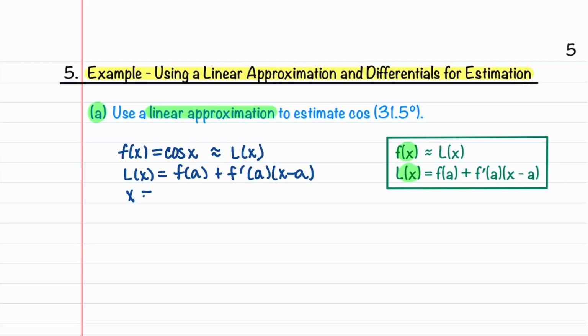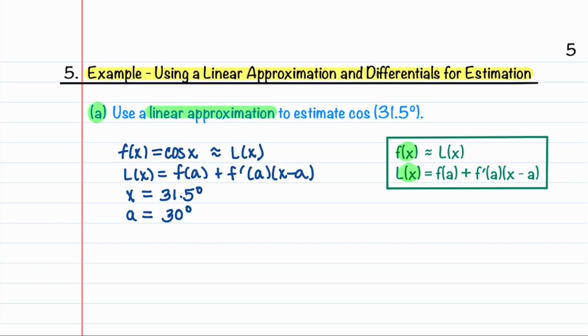X is always the value that we're given, and in this example, x is going to be 31.5 degrees. And then a is a nearby point, or in this case, an angle, with a known cosine value. The value of cosine that we know that is close to 31.5 degrees is 30 degrees.